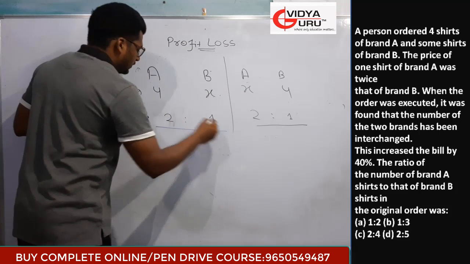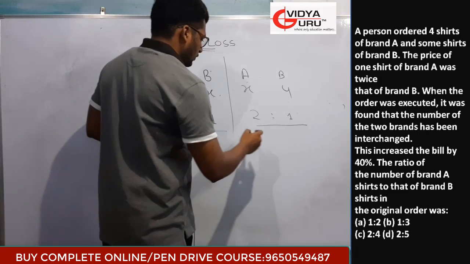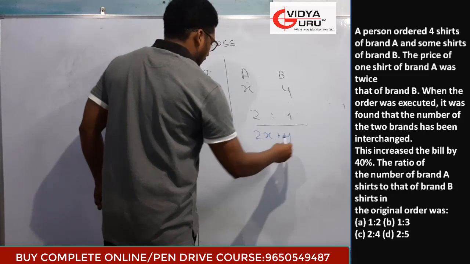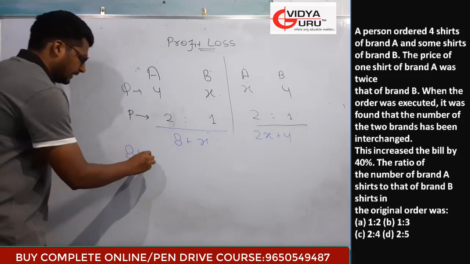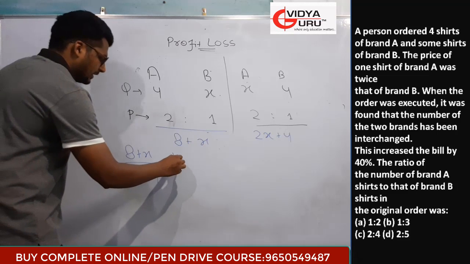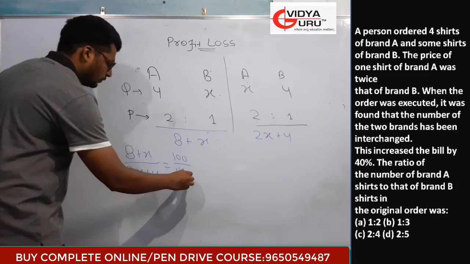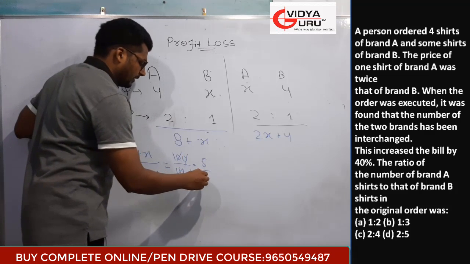We can calculate the total bill here. 4 2s are 8 plus X will be equal to 2X plus 4. Now this bill is 40% more than this. If we take the ratio 8 plus X upon 2X plus 4, if we consider it 100, it will be equal to 140. If we take the ratio, it will be 5 by 7.